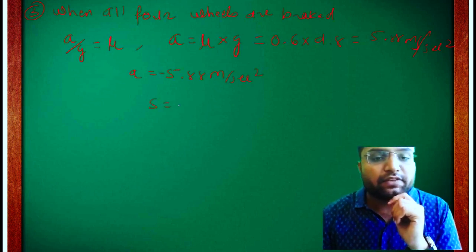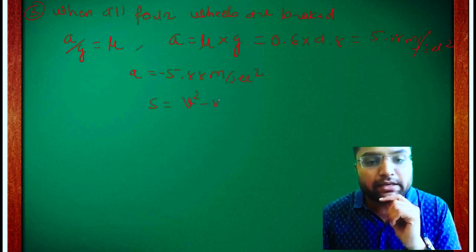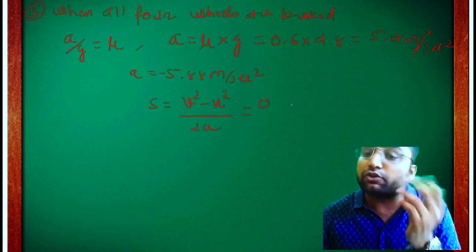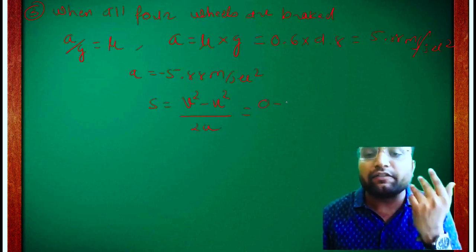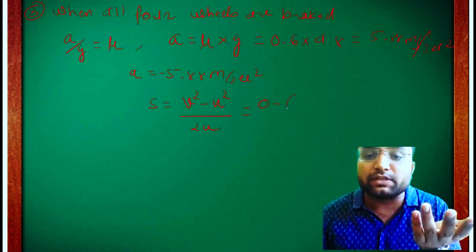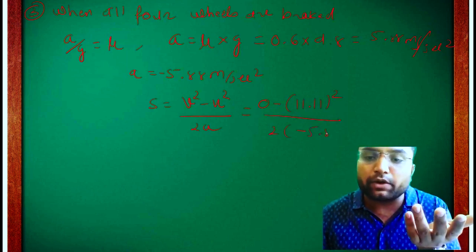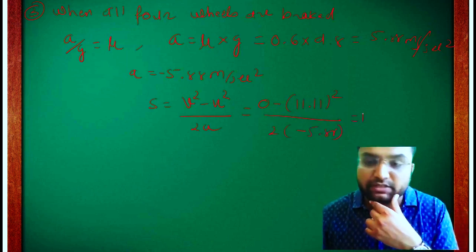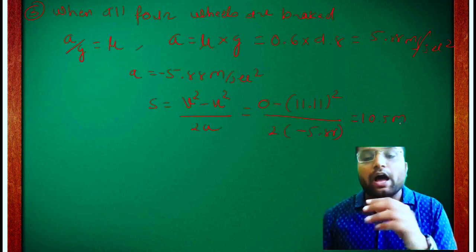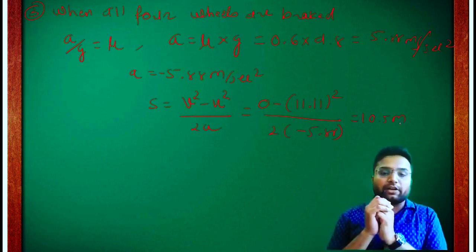Clear? So S will be v square minus u square upon 2a, where v is 0 because it is the final velocity. After stopping, the final velocity is going to be 0, and this will be 11.11 square divided by 2 into minus 5.88. So ultimately it is 10.5 meters. I hope you understand this example.